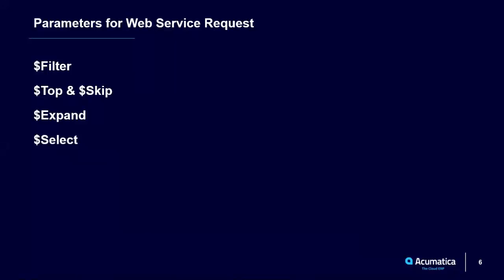But if you do specify it, it will reduce the amount of data being returned and only return those fields. And you also have the custom parameter that will allow you to retrieve fields that are not present on the screen, but that you haven't added yet to an endpoint.